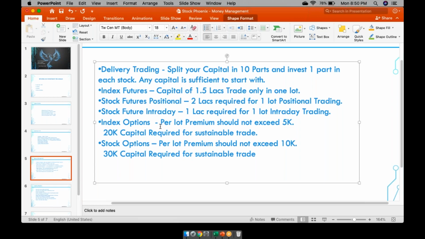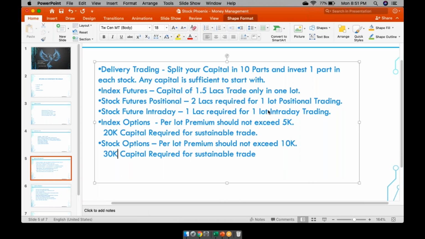Don't trade those. Cheap premium will not give you profits. So buy between 3 to 5,000 rupees per lot premium. If you are going to trade 1 lot with a premium of 5,000 rupees, you should have 20,000 rupees in your account for a sustainable trade.